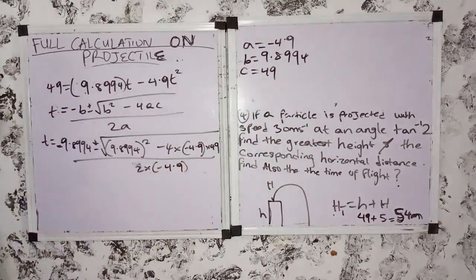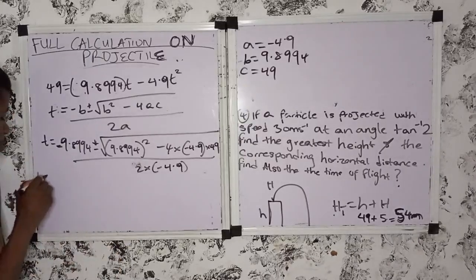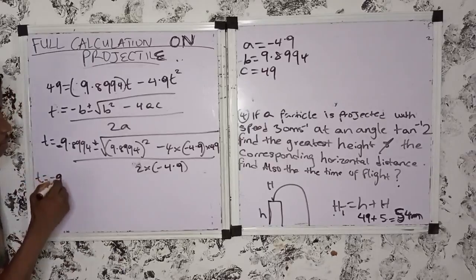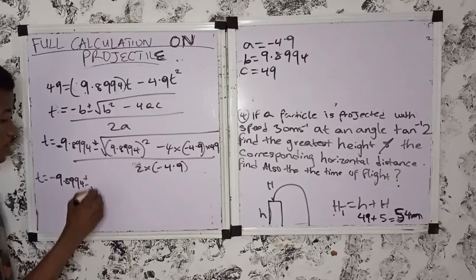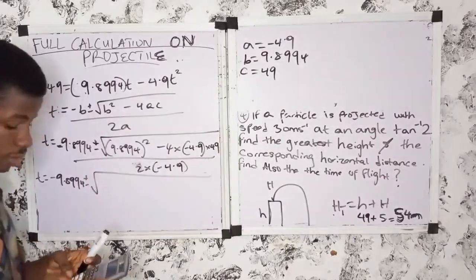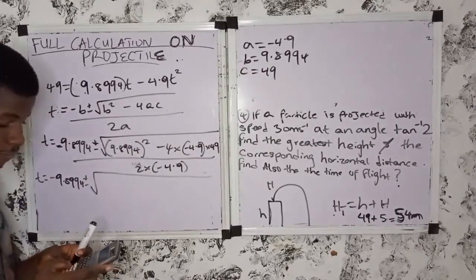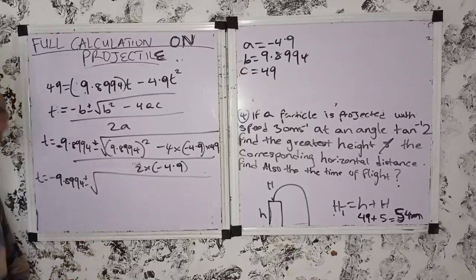So let's continue. Wow, it's not easy. T will now be equal to minus 9.8994 plus or minus the square root of 9.8994 squared, which gives us 97.99.